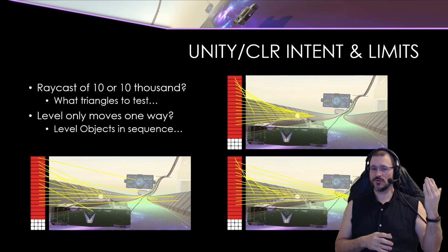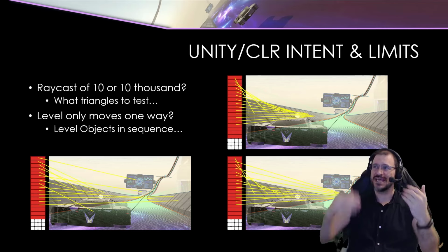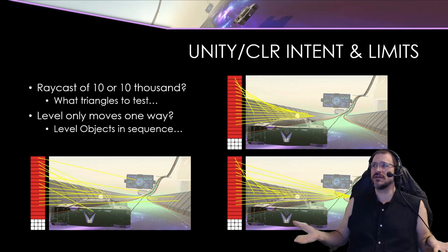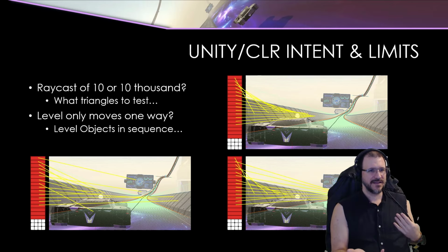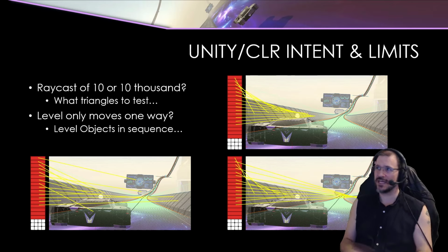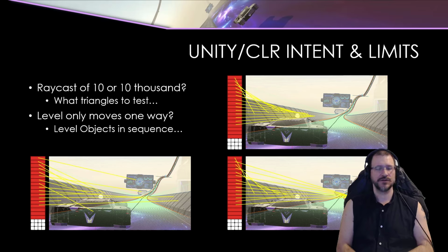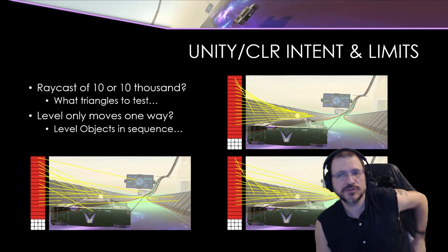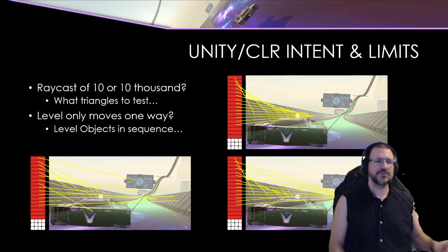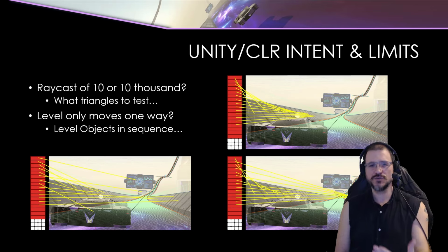Are you going to be doing a raycast of 10 meters away from you or 10,000 meters away from you? Why would Unity understand exactly what you're going to use that for? It doesn't. It can take some educated guesses as to the intent of how you have your scene set up and what tools and utilities you're using as to how to structure the memory. But in general, it doesn't understand it as well as you do.